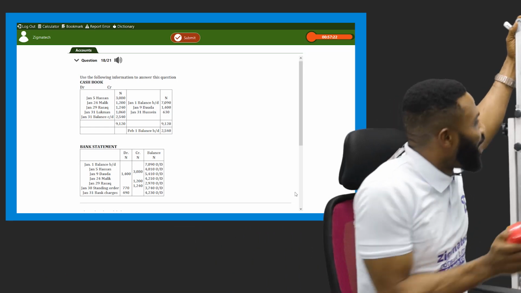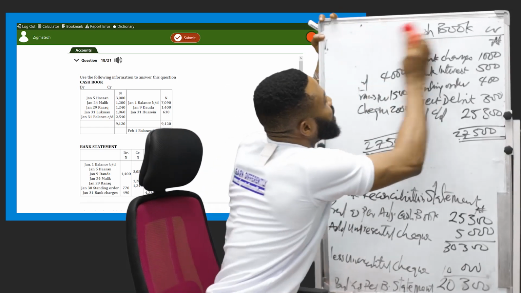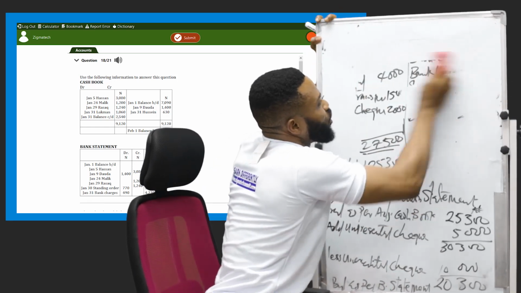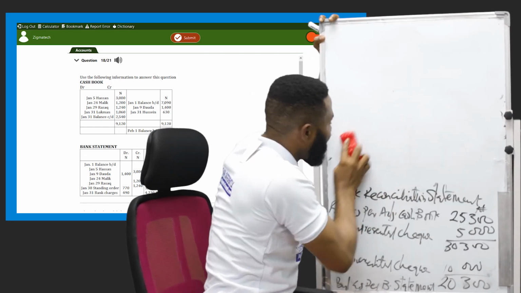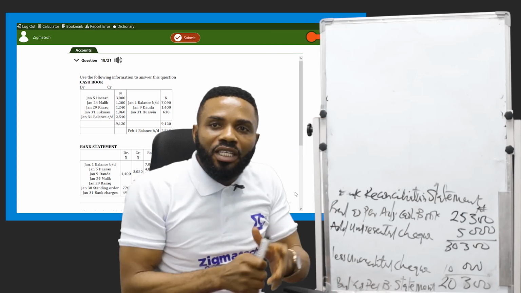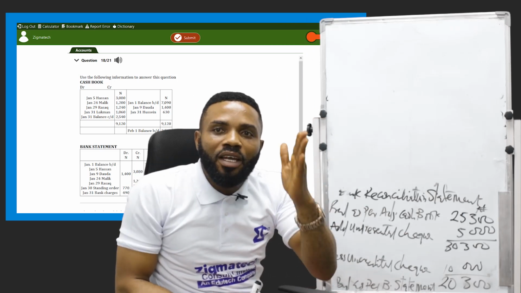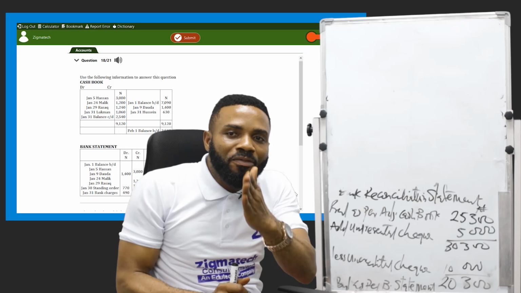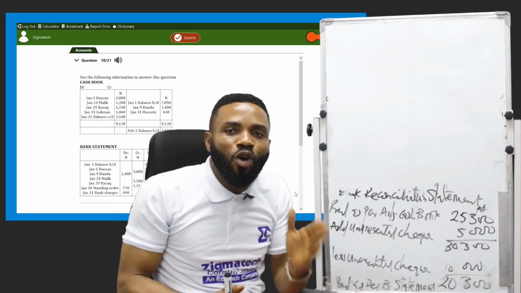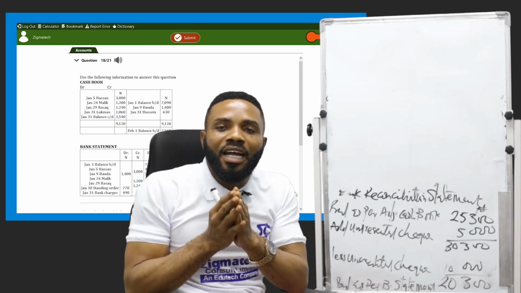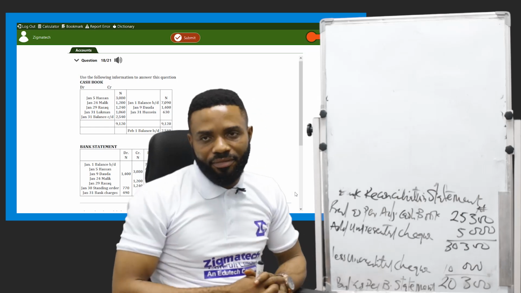Lukman is not there. That means we have something to do with Mr. Lukman as a customer. Now, this is the first thing to do. That Lukman transaction that is on the debit side of the cash book that is not reflecting on the credit side of the bank statement is what we call uncredited check.